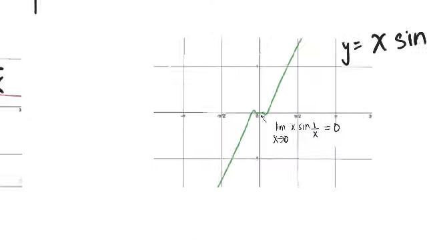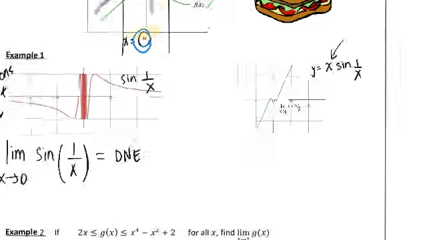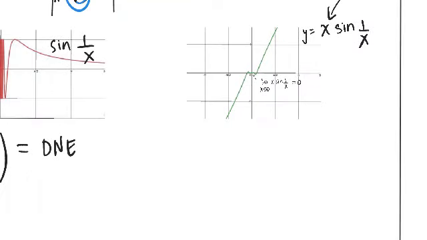You can kind of see that, not really on the graph, but the point is that by multiplying this oscillating sine 1 over x function by x, it changes a lot, and the limit at x is equal to 0 now exists. And we can prove this using the squeeze theorem.